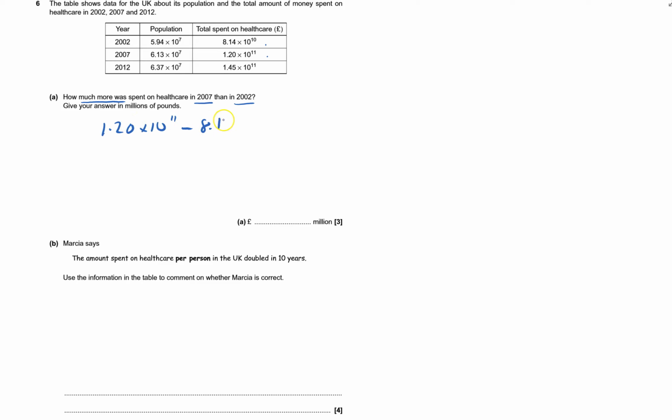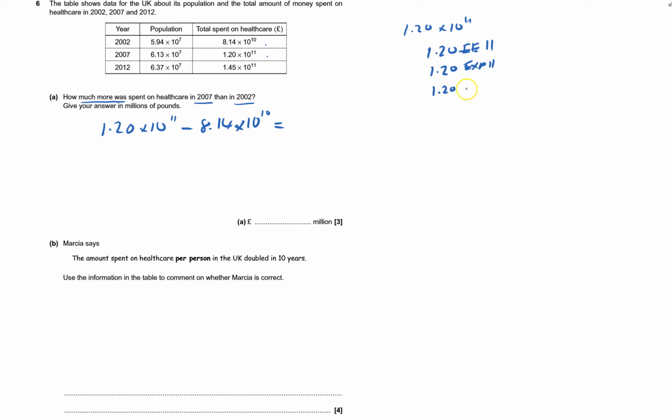Minus 8.14 times 10 to the power of 10. And just type that into your calculator and it'll work it out. You may want to do 1.20 times 10 to the power of 11. You could write that down as 1.20 and then the EE button, 11, or 1.20, and some calculators have EXP 11.